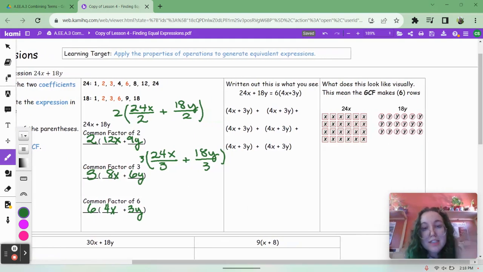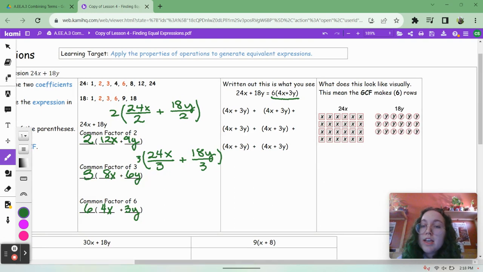So what this means is 24x plus 18y is equal to 6 times the quantity 4x plus 3y. If I were to distribute all of this out, meaning I multiply the 6, I have 4x plus 3y, six times added together. That's going to end up giving me 24 x's because I have 4x 6 times. Another way that we can think about it is with the area model of multiplication.